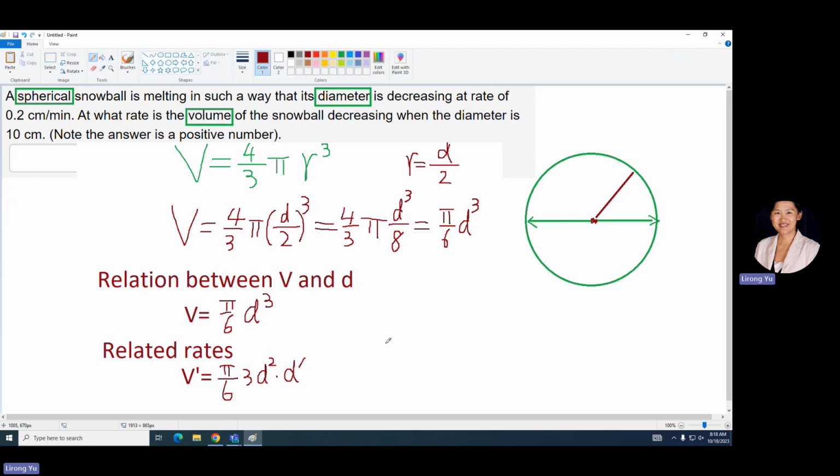Sometimes students write 3 times d prime squared. Sometimes they have 3d squared and don't have the d prime because they forget the chain rule. So there are a lot of small possible mistakes. We gotta keep track as we go.